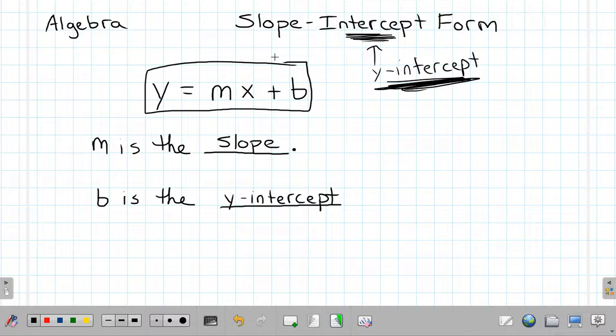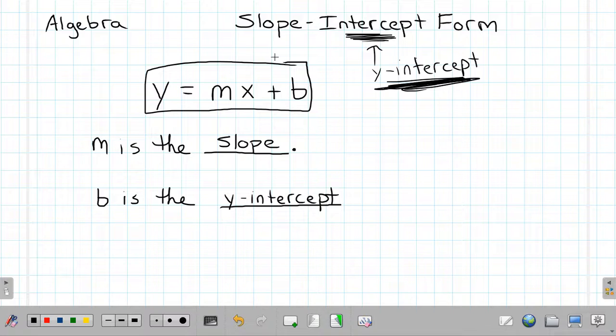This isn't a formula that will be given to you on a formula sheet or anything like that. This is something you just need to know. But once we do enough work with it and practice with it, it's actually not that hard to remember. Y equals mx plus b is a very common thing that people tend to remember from algebra just from working with it so much and understanding what it means.